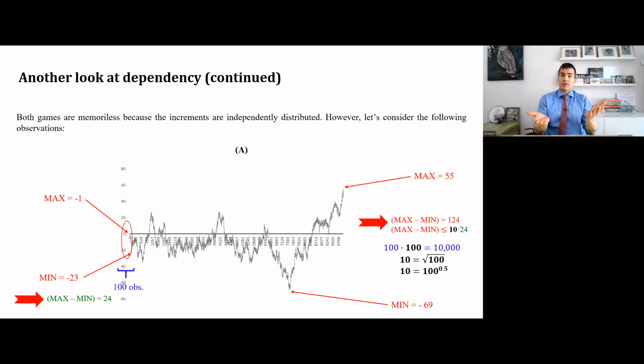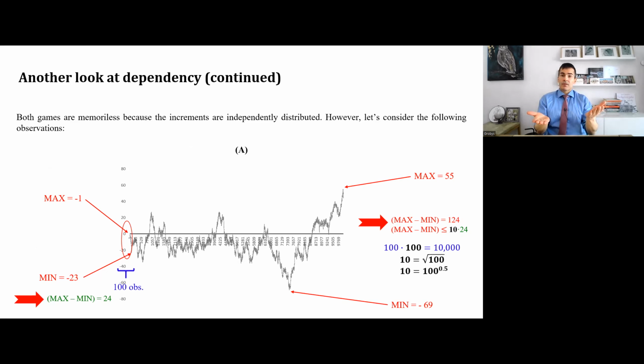The range between maximum and minimum for the whole time series, having 10,000 observations, is 115. Again, 115, so the range for the whole sample is equal or less than 10 times the range for the first 100 observations, which is 17.